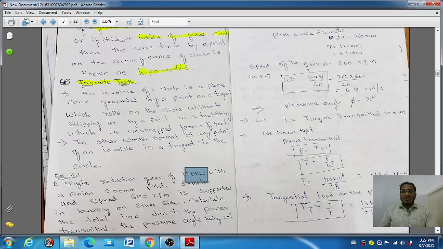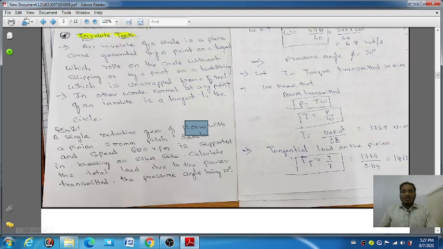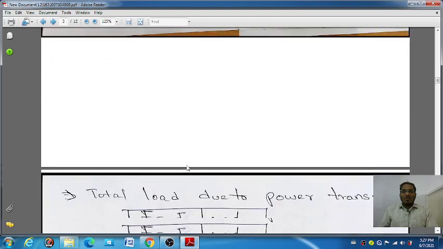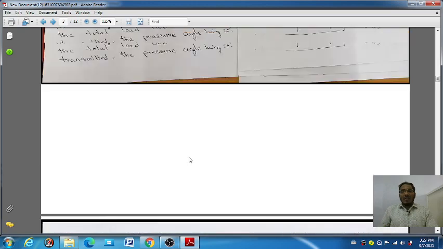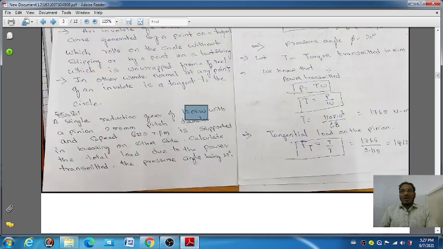Because the question is asking for the power transmitted. So for the purpose of power transmitted, we have to find F is equal to Ft by cos phi. So Ft, we don't have a value of Ft. What is T? T is the torque transmitted in Newton meter.